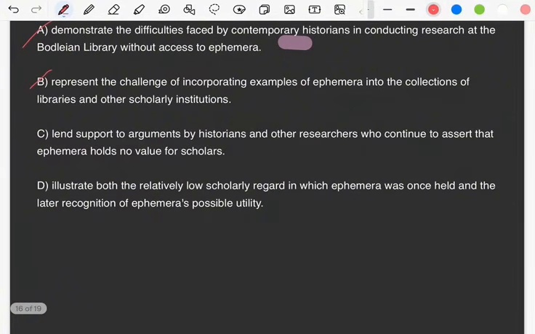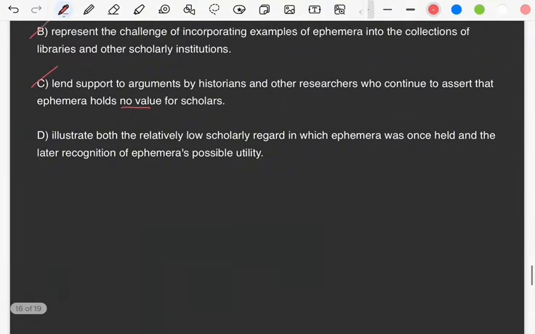The next one says lend support to arguments by historians and other researchers who continue to assert that ephemera holds no value for scholars. No, this is completely the opposite of what the passage requires, because it says that it has no value. However, the passage's main idea shifts from ephemera being worthless to it being valuable. So therefore, this is also incorrect.